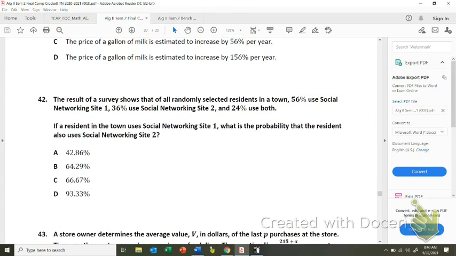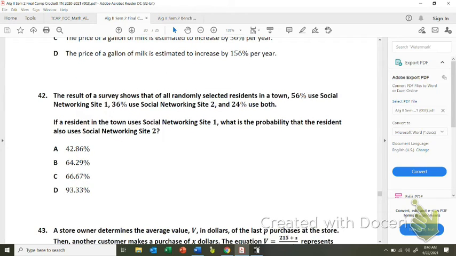42. The result of a survey shows that of all randomly selected residents in the town, 56% use social networking site 1, 36% use site 2, and 24% use both. If a resident in the town uses social networking site 1, what is the probability they also use social networking site 2? Okay.